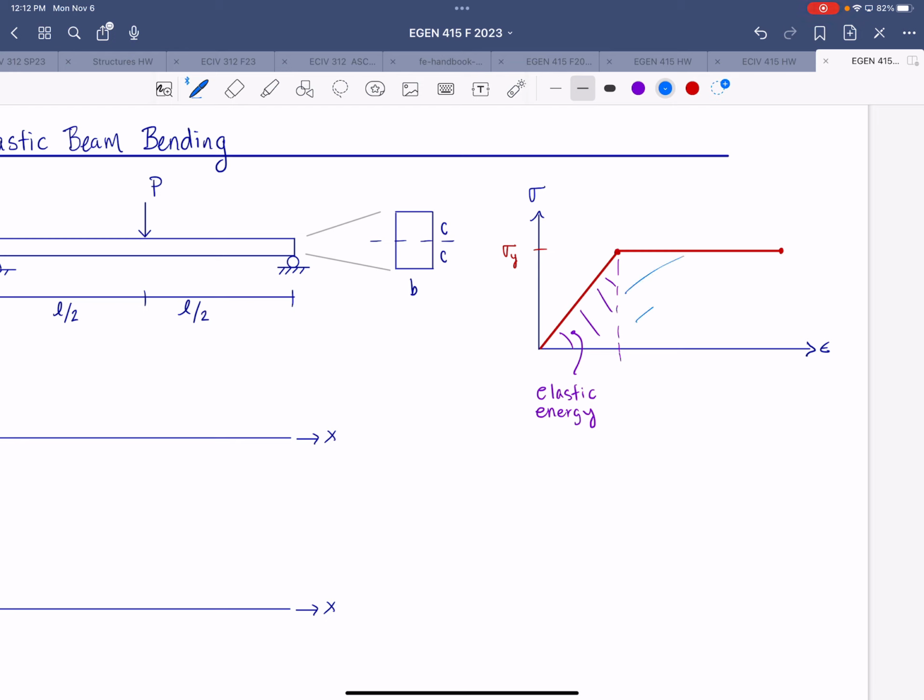And then beyond that, the area under the plastic region represents the plastic energy. So we also have here this point representing the onset of yield, and then ultimate failure at the end.